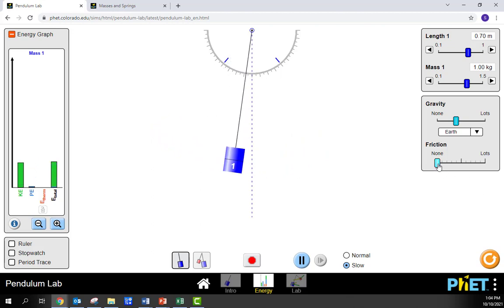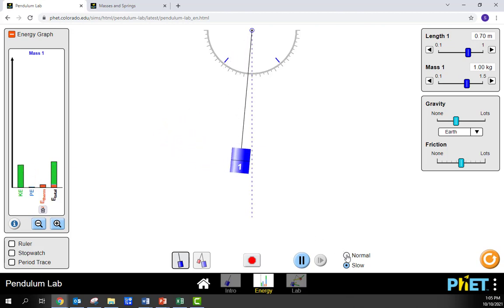If I turn friction back on, you can see that this bar for E thermal is growing. Okay, and I get a corresponding bar in my total energy here. If you also notice, the pendulum is no longer swinging up quite as high.